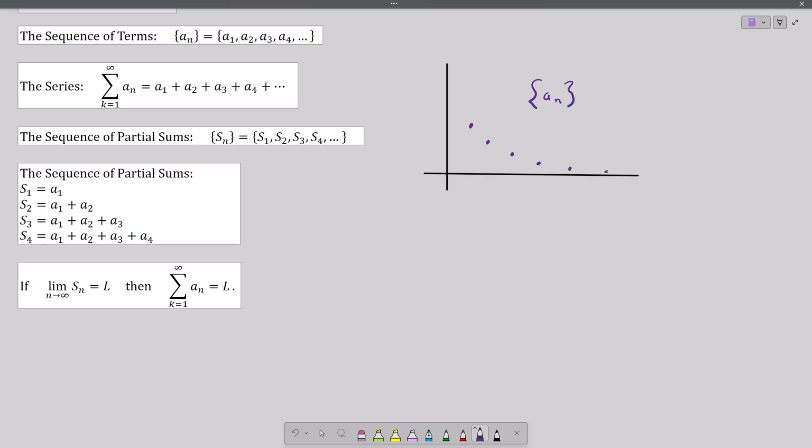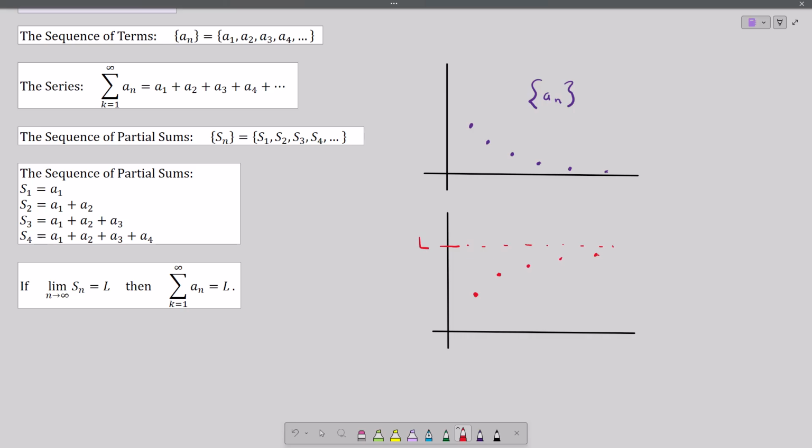And now if you want to think about the associated sequence of partial sums, you're now adding. So the first one is going to match right there. But then you add these two heights. You think about the height of those two rectangles you add, and it's going to go here. And if this sequence of partial sums is going to converge, there's going to be an asymptote across right there that it converges to. So when you're imagining a convergent series, that's what you should be seeing.